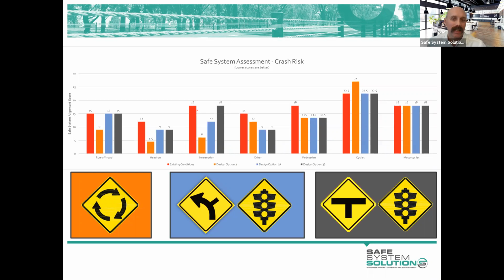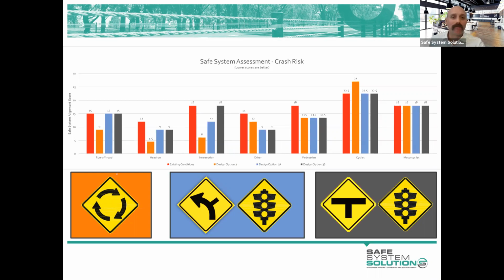There are lots of other things, but this is really becoming something that people look for in a safe system assessment. So people get their safe system assessment, they open up the first couple of pages, and they want to see this graph. They want to see the results of how their project is aligning with safe system principles.